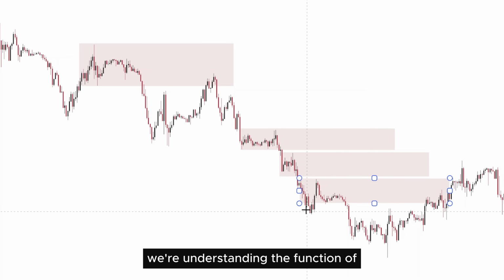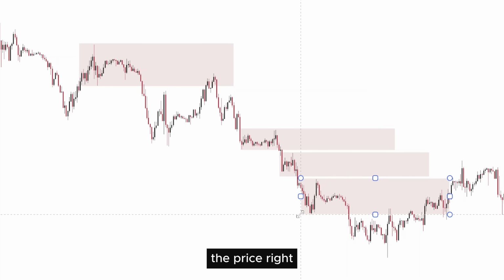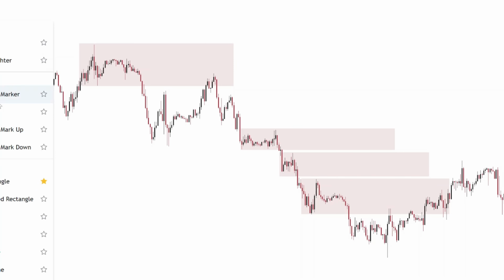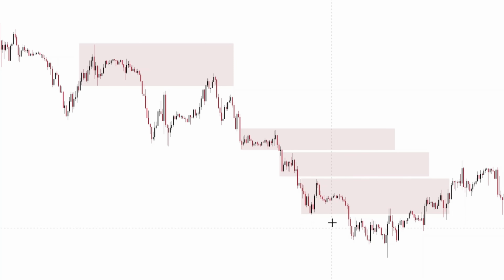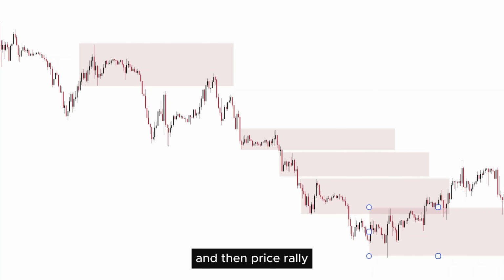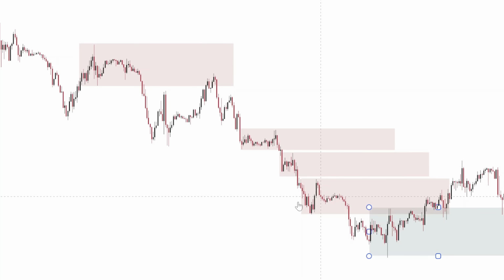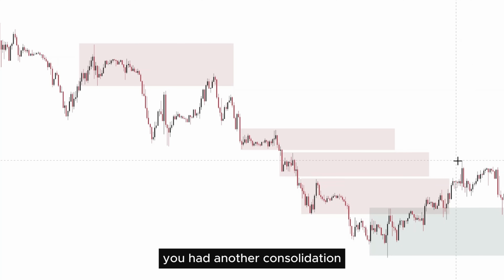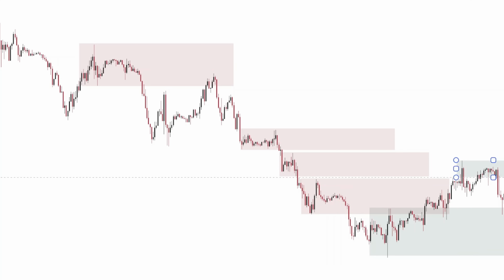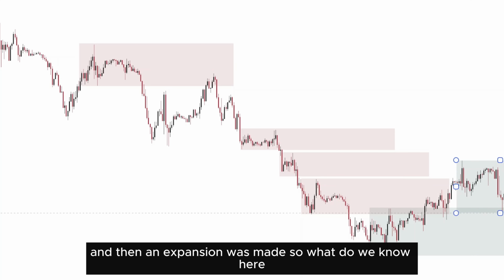We're understanding the function of the price, right? And then here, price switched. So here you had a consolidation, and then price rallied. You had another consolidation, a low and a high. Price stayed in that range. And then an expansion was made.